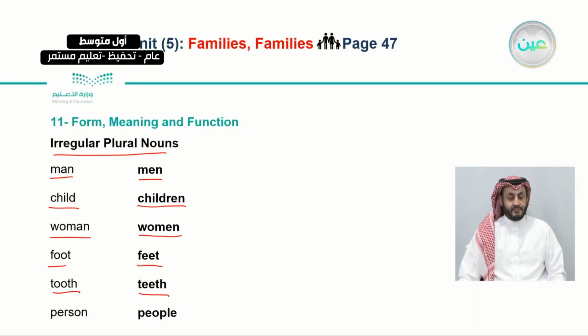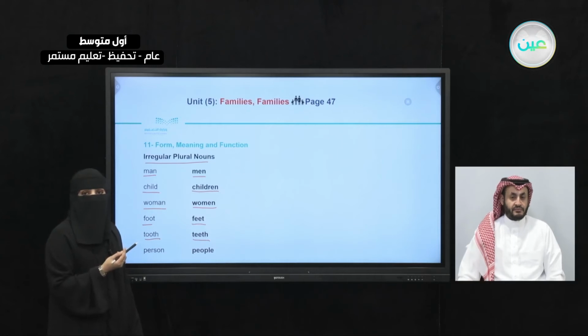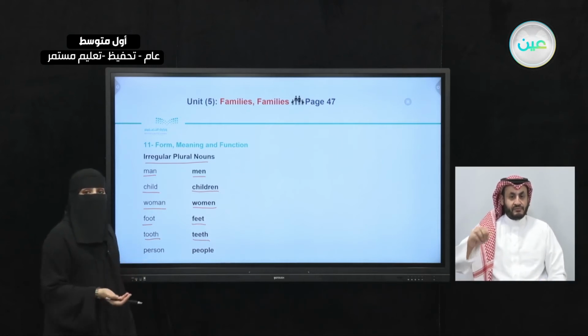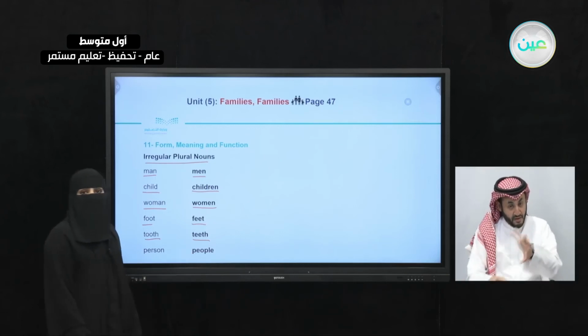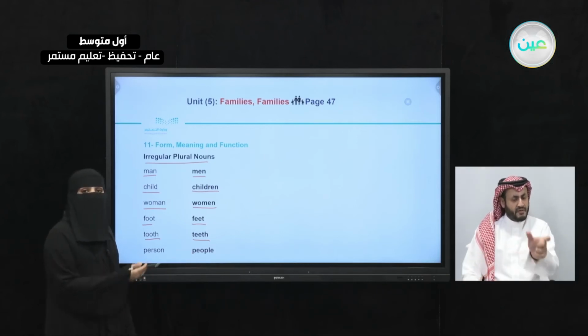How about person? If you want to make a reservation, you would be saying person for 1 person. And if you're making a reservation for more than 1, what should you do? People, okay? The table is for, let's say, 3 people.